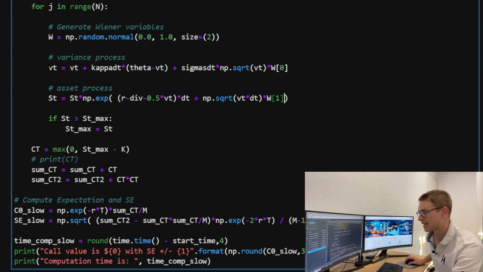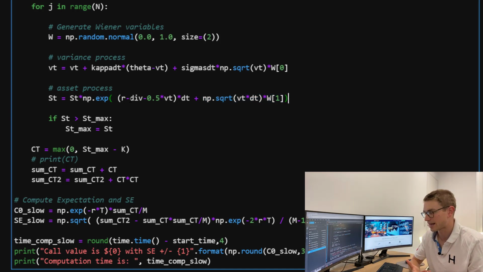Here we step out our variance process and calculate the next variance based on the current variance using all our variables. Once we have that variance, we can use it to model our asset process. Our next stock price is equal to the current stock price times the exponential of this drift term and this diffusion term.